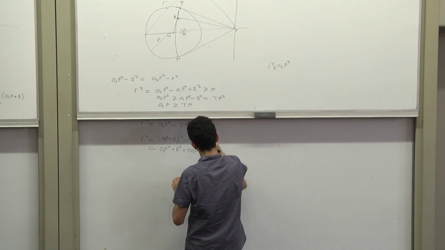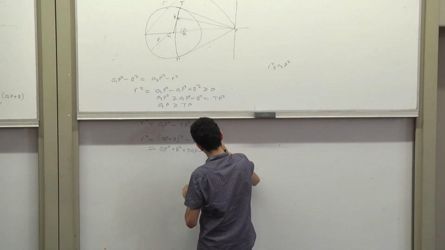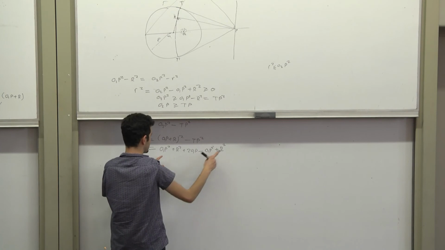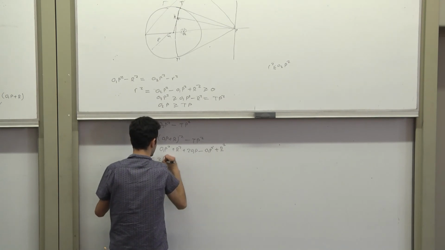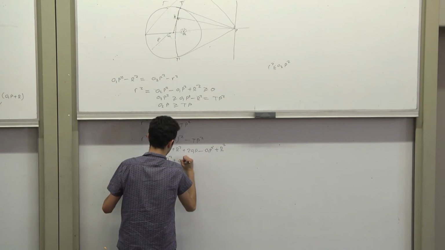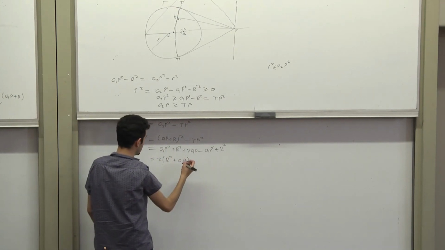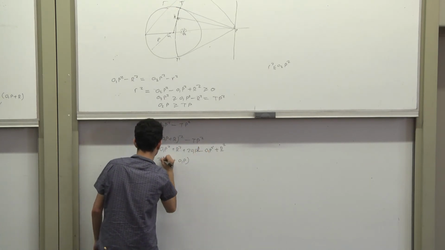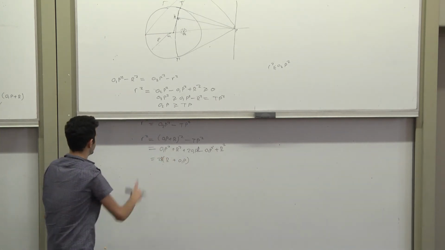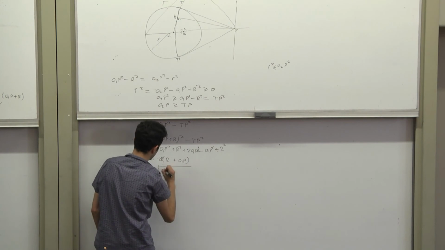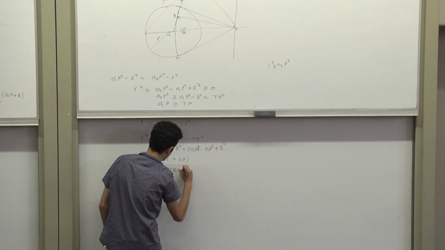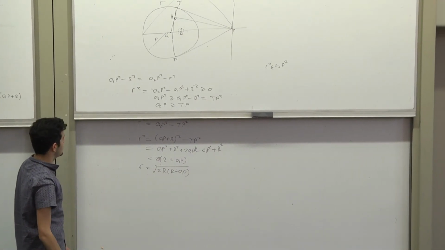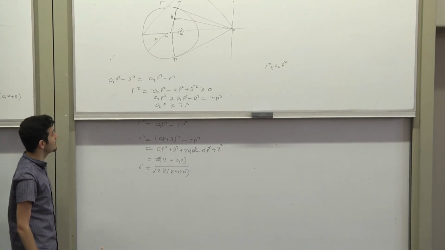That's O1P squared plus R squared. So we get that one cancels and the O1P doubles up. That equals 2 times R times R plus O1P. Oh, sorry, there's an R there. We'll take out the R. Yeah, okay. So I think that's as far as we can actually take the problem.